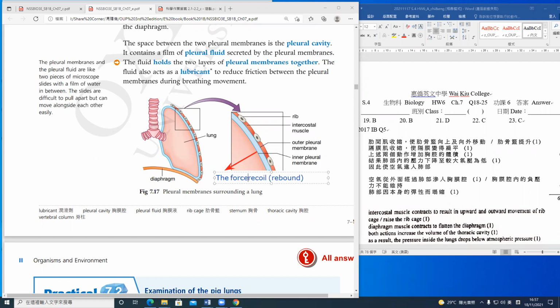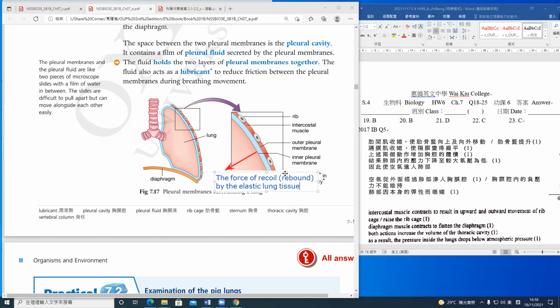The force of recoil means lung tissue is an elastic tissue. The elastic lung tissue is like a rubber band.